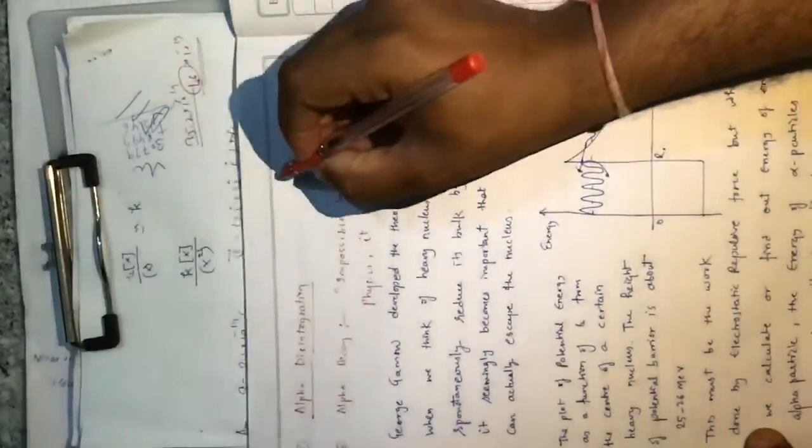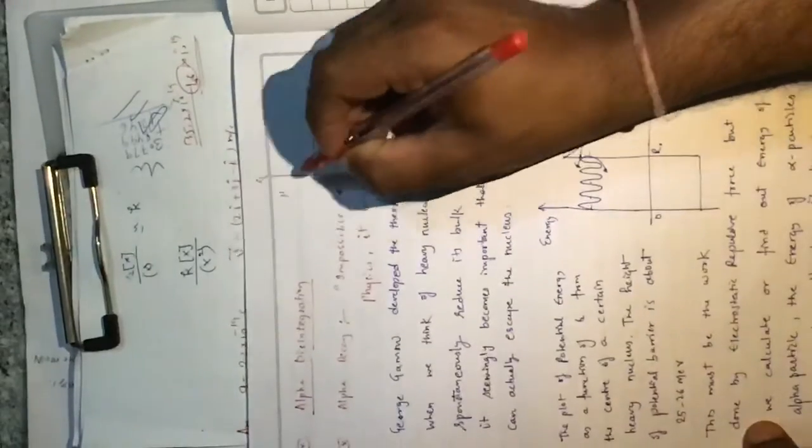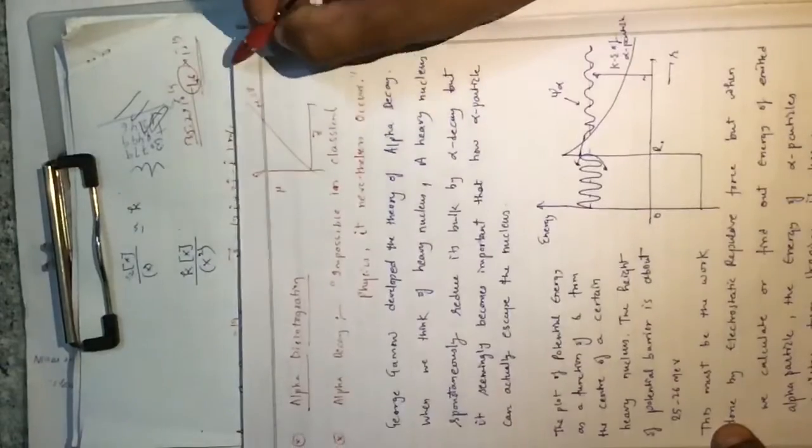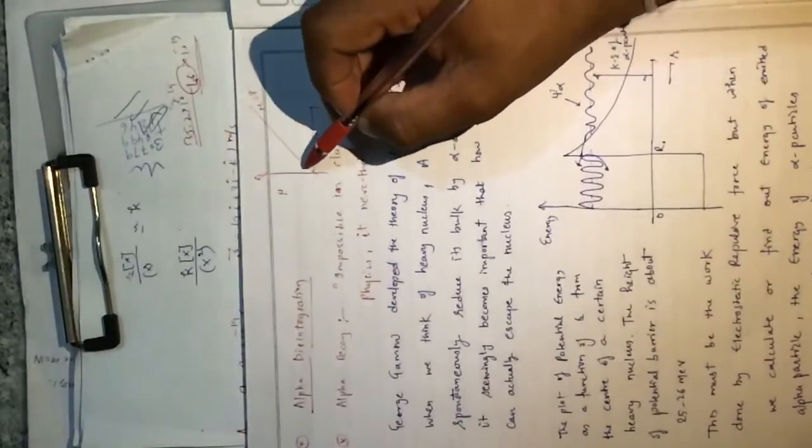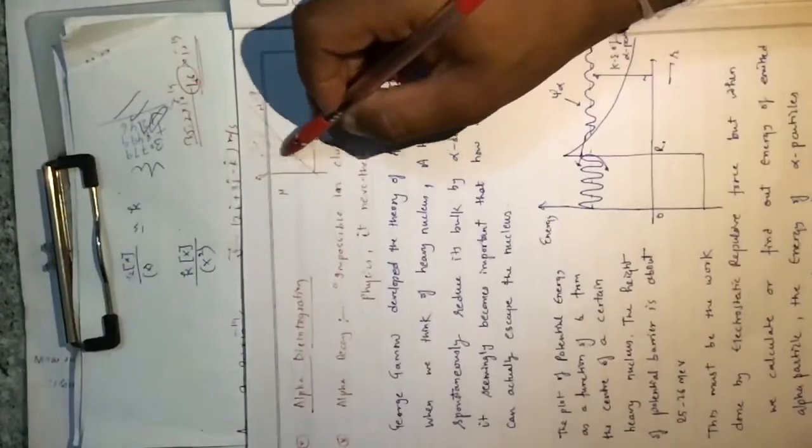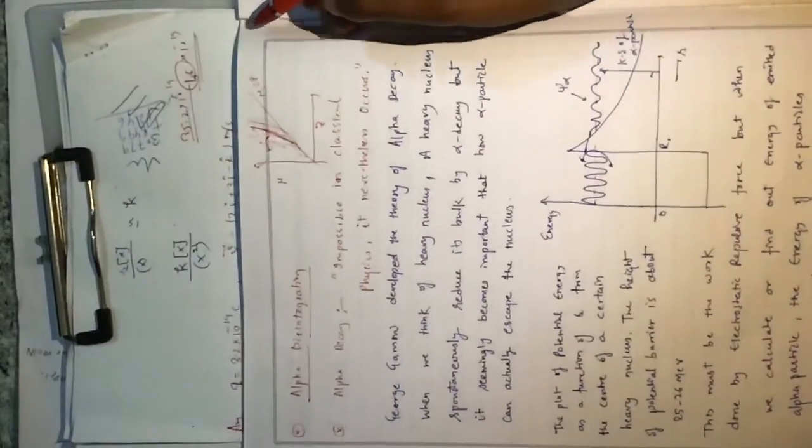In the nuclear stability curve, plotted with respect to Z, this was the N equal to Z line, and the nuclei having more neutrons fall in this particular region, and this is the nuclear stability line. For this case we get alpha decay and beta decay.